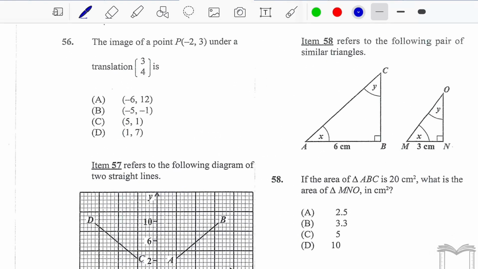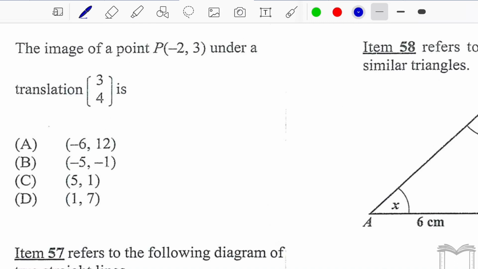Number 56. The image of a point P, which is (-2, 3), under a translation (3, 4) is, so we have the object P, we are going to translate it and then we get an image.